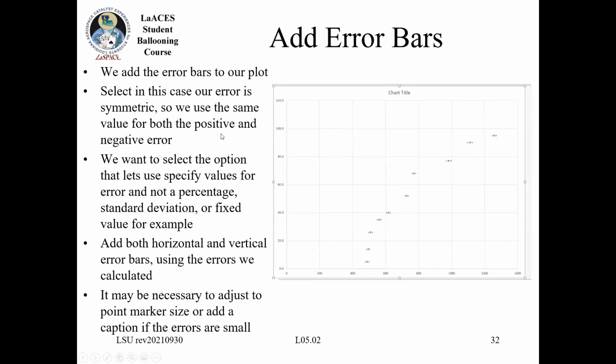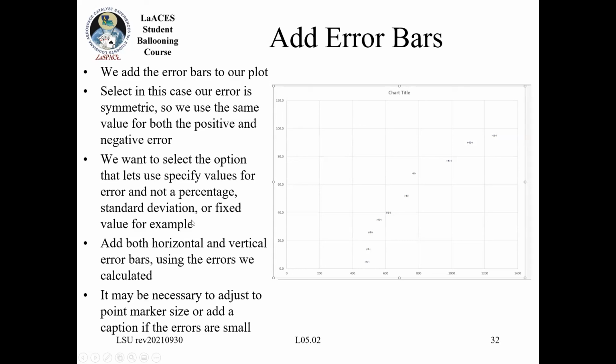So now I want to add error bars. In this case, I'm assuming that the positive and negative error is the same. In Excel, there will be an option to independently specify them. But what we want to do is select the option that lets you pick error points.